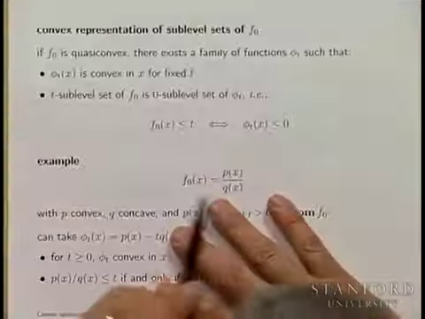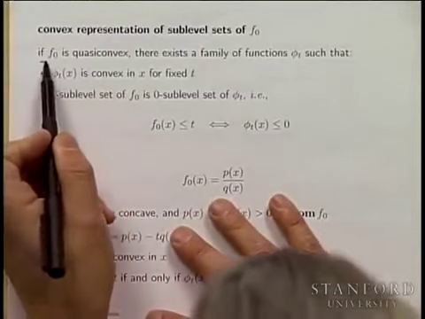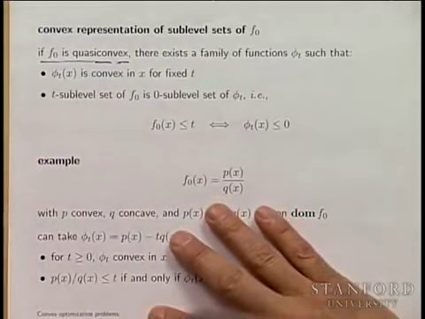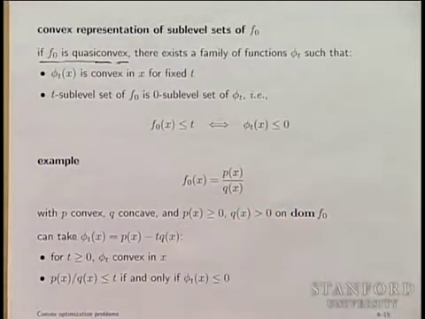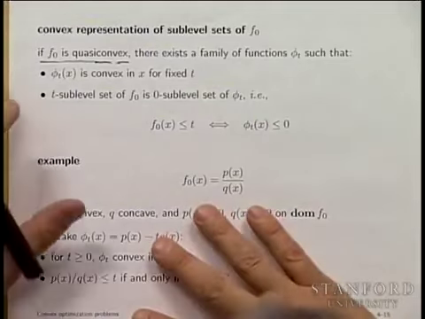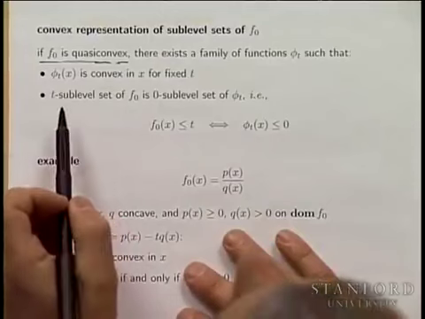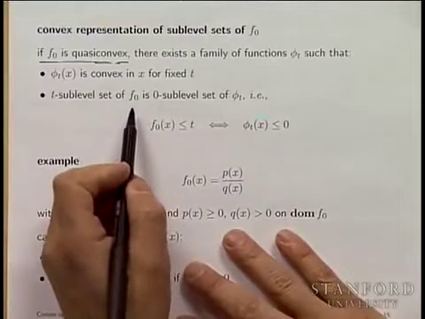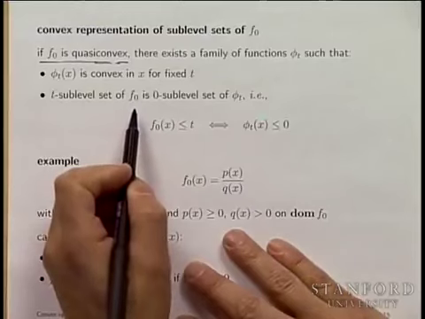Generally speaking, if you have a quasi-convex function, and you're actually going to construct an algorithm that solves an actual problem, other than just talk about it, then you're going to want a convex representation of the t sublevel set.